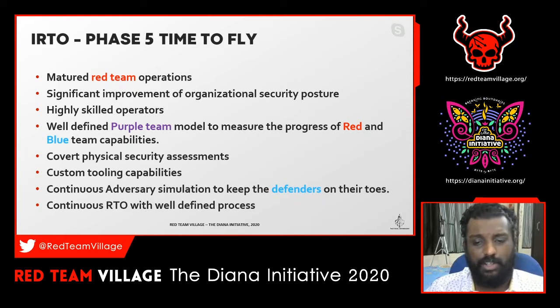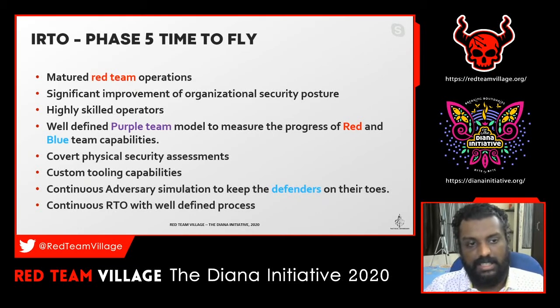There should be a continuous adversary simulation and emulation to keep the defenders updated, and that is very important. And continuous RTO, with a well-defined process. Because what are we doing from phase 1 onwards?